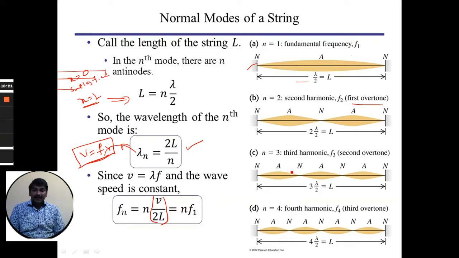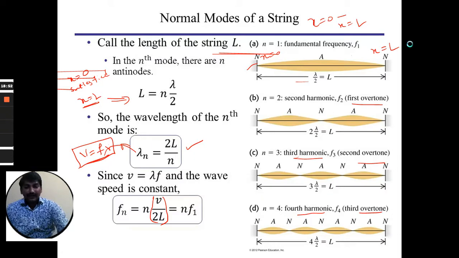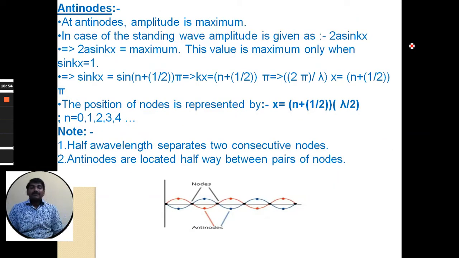In the same way, the third harmonic is called the second overtone, and the fourth harmonic is called the third overtone. This is the way normal modes can form in the case of a string, when we take a string as a boundary condition, x equal to 0 to x equal to L, where this is the 0 position and this is the L position. So this is all in the case of nodes when we have applied the condition.